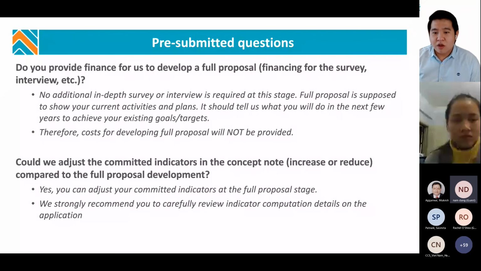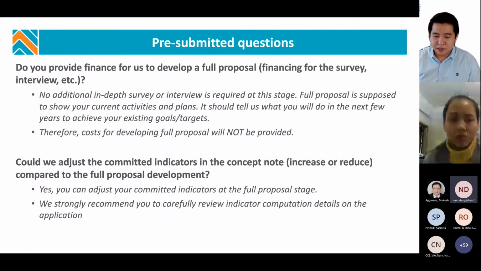There will be some surveys and interviews if you are selected as awardees, but those will be done after the award.